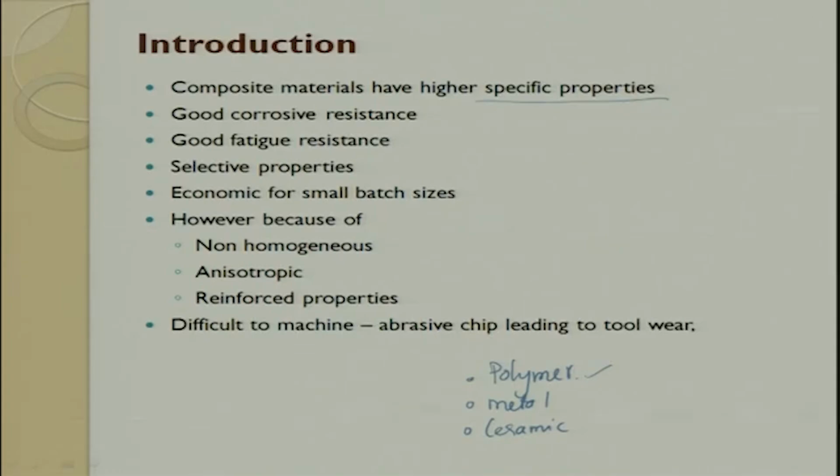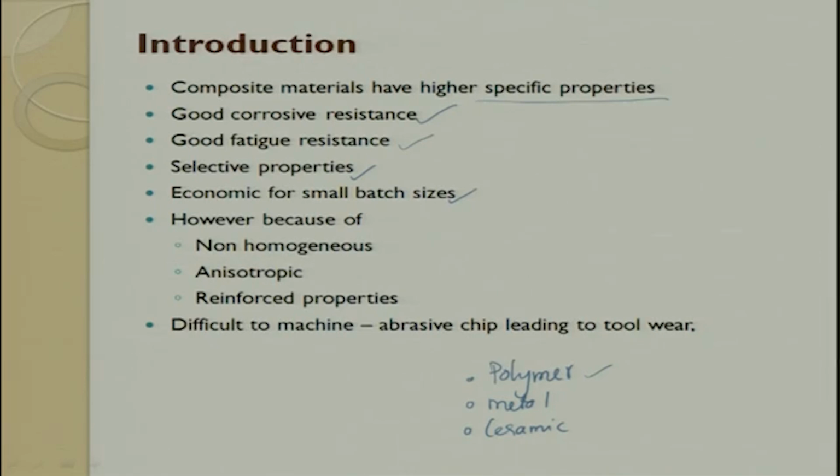So, our focus will be more towards polymer matrix machining, followed by metal and followed by ceramics. When we discuss polymer, it has good corrosion resistance, good fatigue resistance, you can make it anisotropic in nature, and it is economical when it is a small batch quantity.